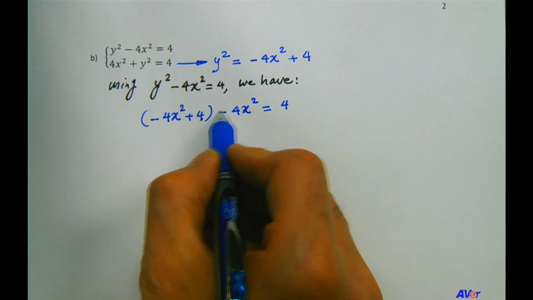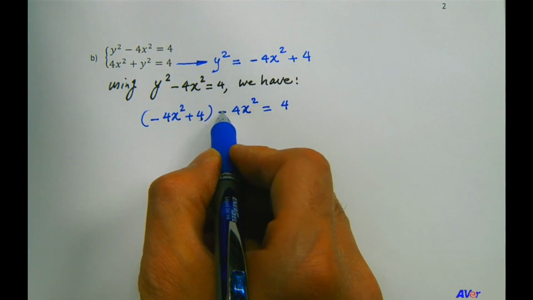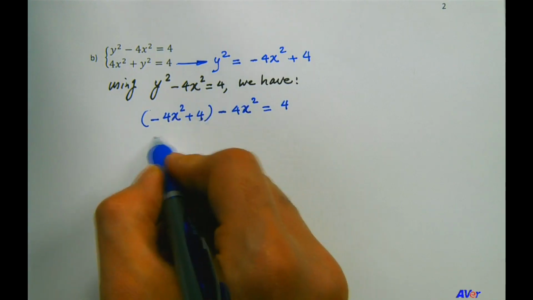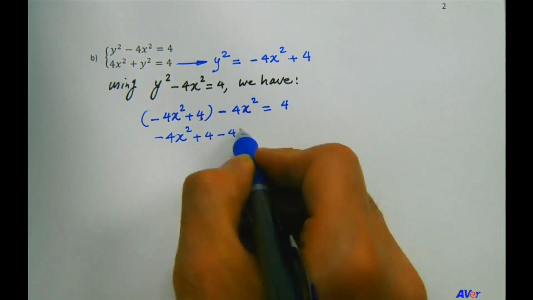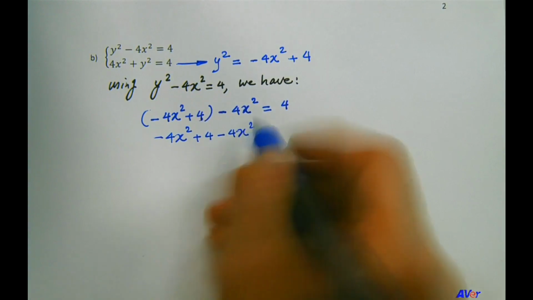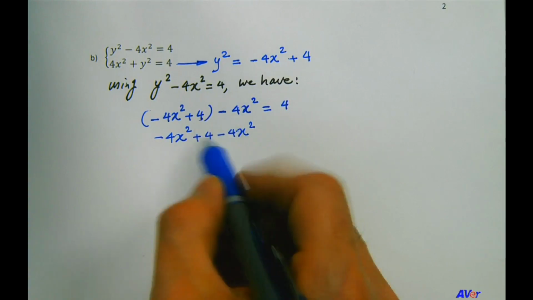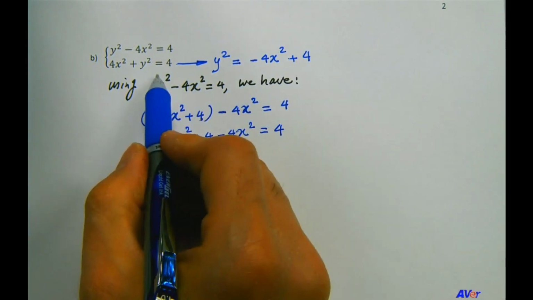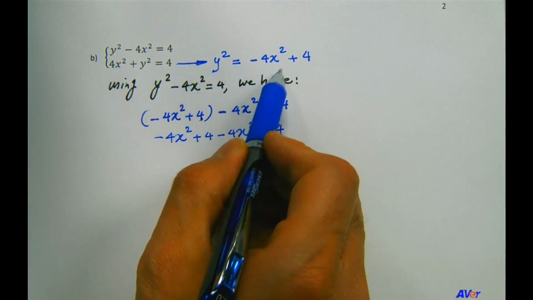Okay, so this minus after the parenthesis is just neutral. So let's remove the parentheses and combine the x squared terms. So we have minus 4x squared plus 4 minus 4x squared equals 4. I want to double check this to make sure that I'm on the right path here.